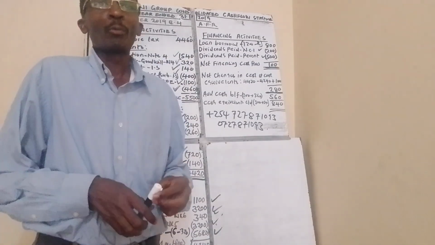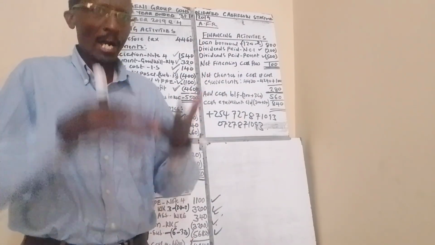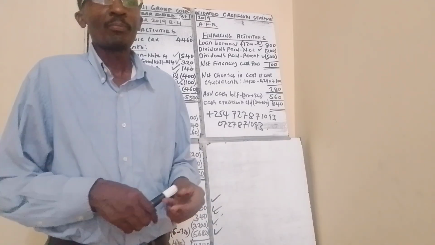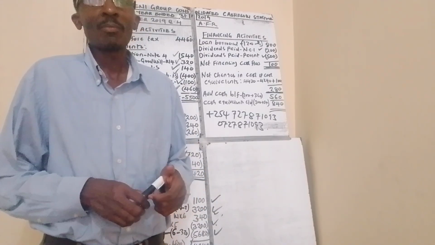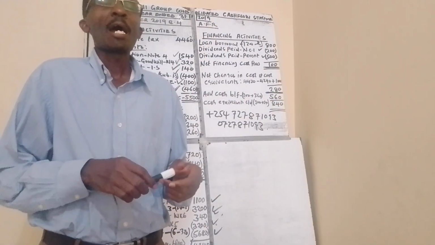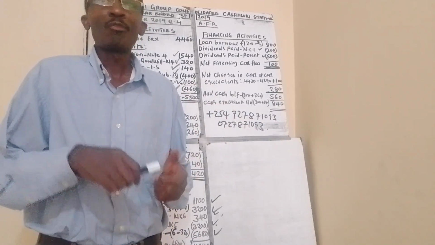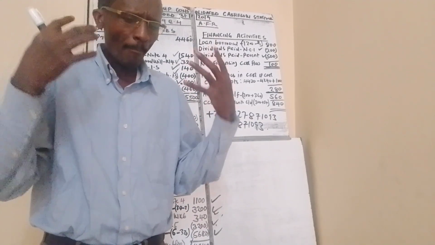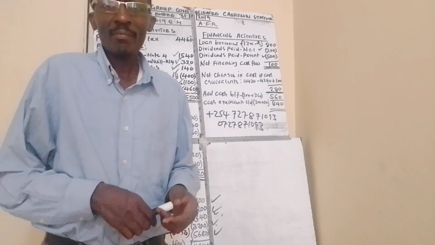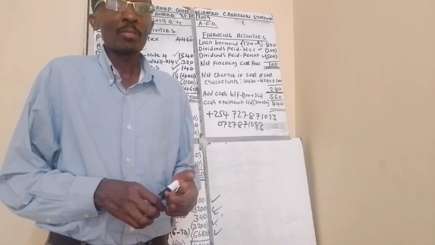So the next lesson we will be taking group accounts: how to prepare the consolidated statement of financial position as well as the consolidated income statement, how to deal with subsidiaries, how to deal with joint ventures, how to account for foreign entities, piecemeal acquisitions and piecemeal disposals, and such other important areas covered in group accounts.